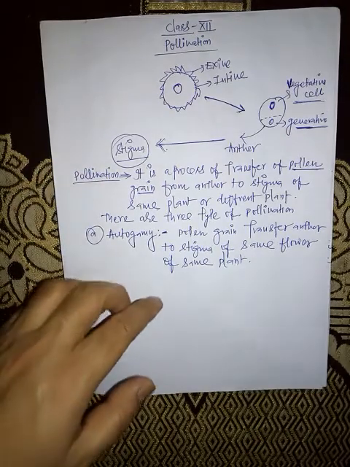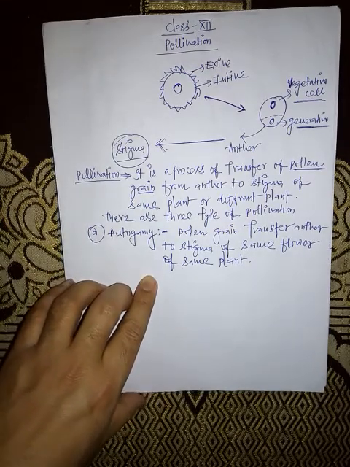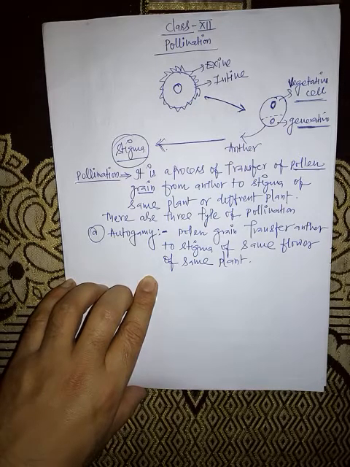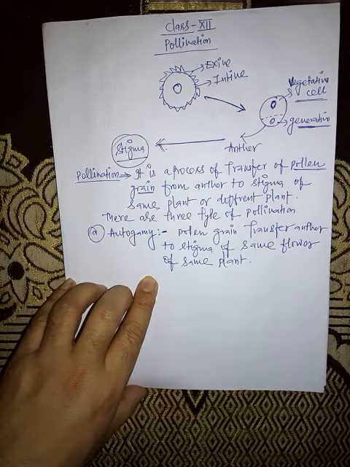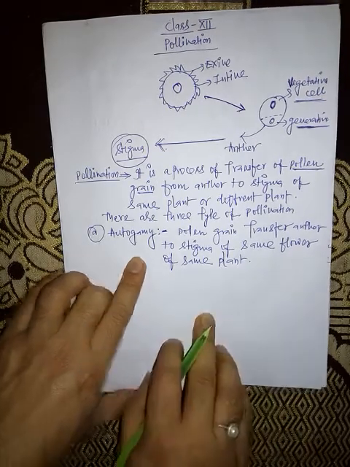So in the autogamy process, the pollen grains are transferred from the anther to the stigma of the same flower of the same plant. This process takes place in a bisexual flower. There are two parts, male and female, present in the same flower. The anther and stigma are close to each other. Then the pollen grains are transferred from the anther to the stigma of the same flower of the same plant. So this process of pollination is called autogamy.